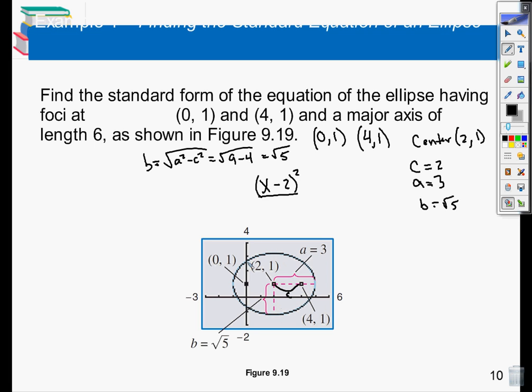It's going wide, so I want the a value underneath here, and I want the a value squared, so 3 squared, and then plus y minus the k value, which is a 1, squared over the b value squared, the square root of 5 squared, equals 1. And there you have it.